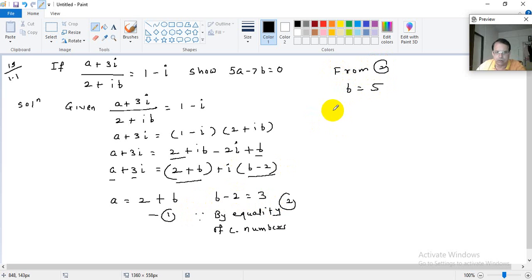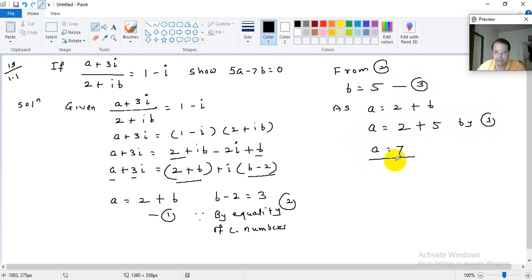And now as a is equal to 2 plus b, you can put b here. b is equal to 5, so I can write this as 2 plus 5. So that means a becomes 7. a is 7.